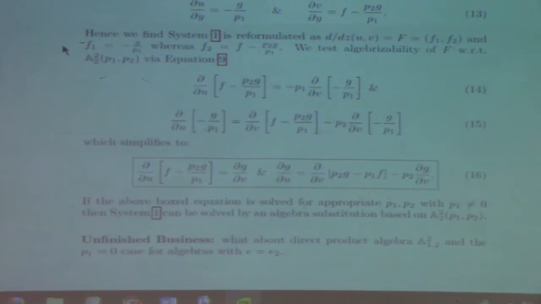Because P1 equals that, P2 equals that, it's not the algebra we started with. It doesn't have unit 1, 2. It has unit, I think, E1, because it's the first case. It's weird.